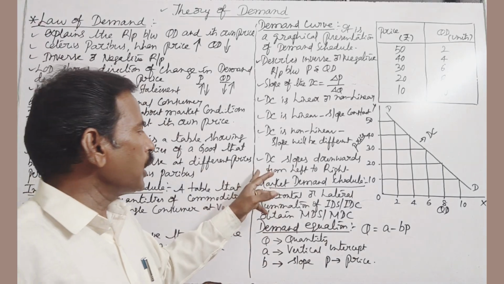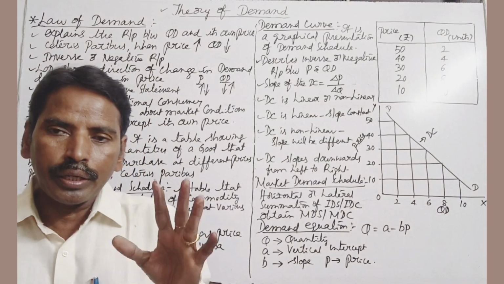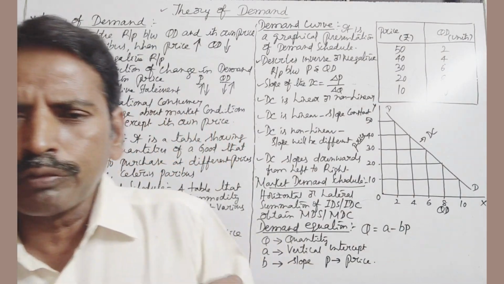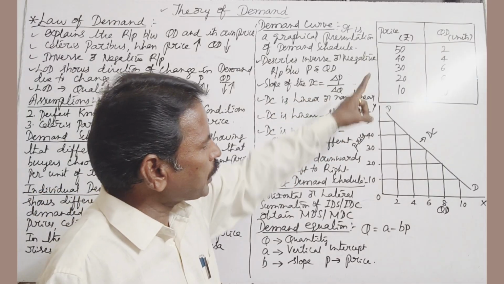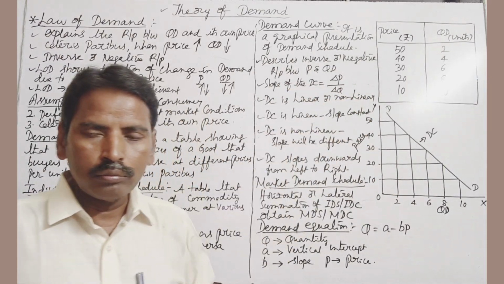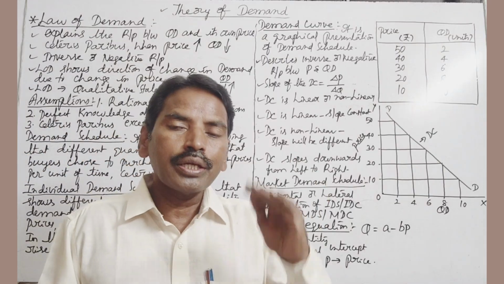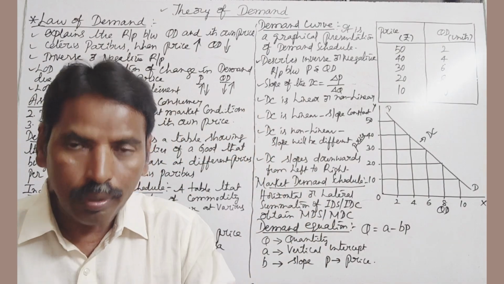Finally, demand curve slopes downwards from left to right. So if we observe the table and diagram, both show that there is an inverse or negative relationship between price and quantity demanded.